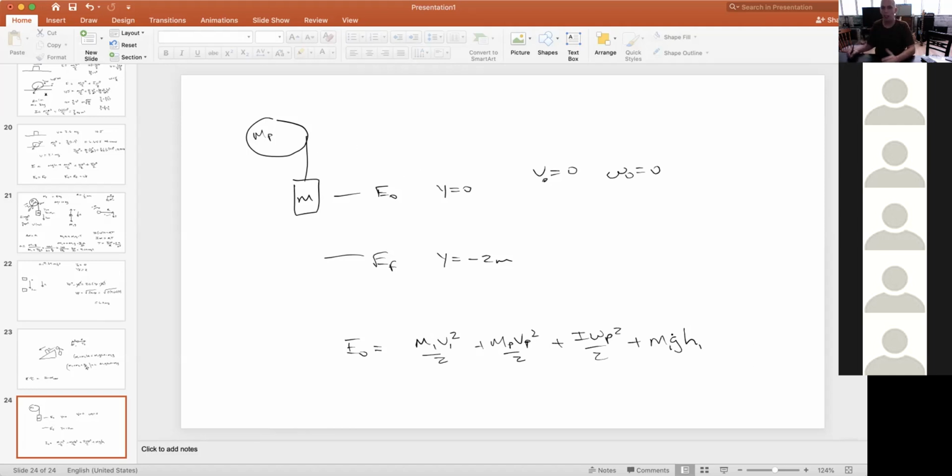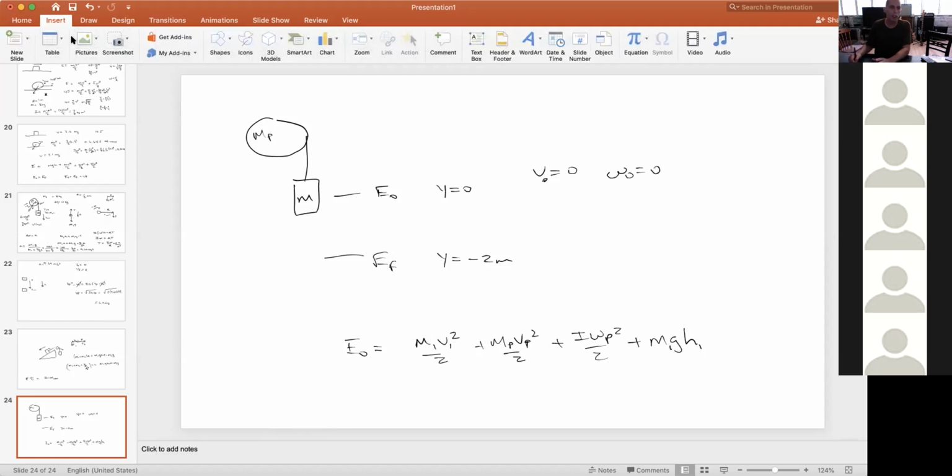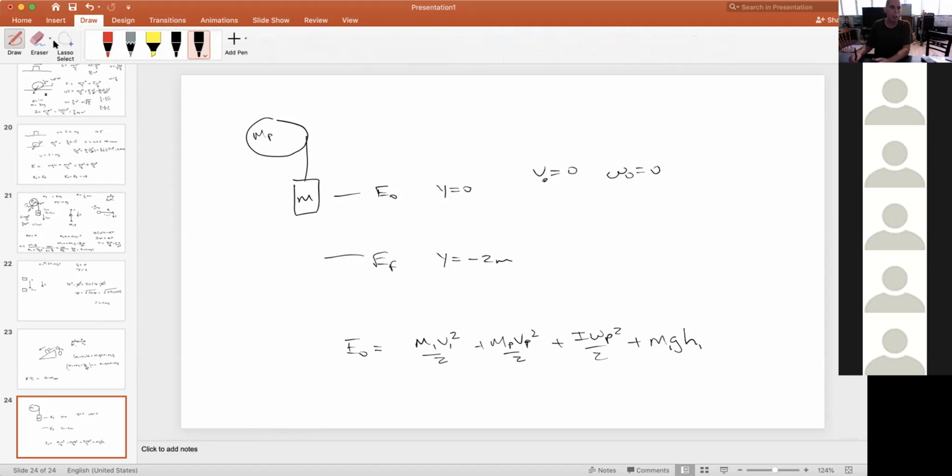It's not going to change its height, so we don't have to include heights. We actually don't have to include this term either because the pulley can't move. It can't translate, right? So the only three terms we have in the system is the block could have kinetic energy, the pulley can have kinetic energy of rotation, and the block can have potential energy of gravity.